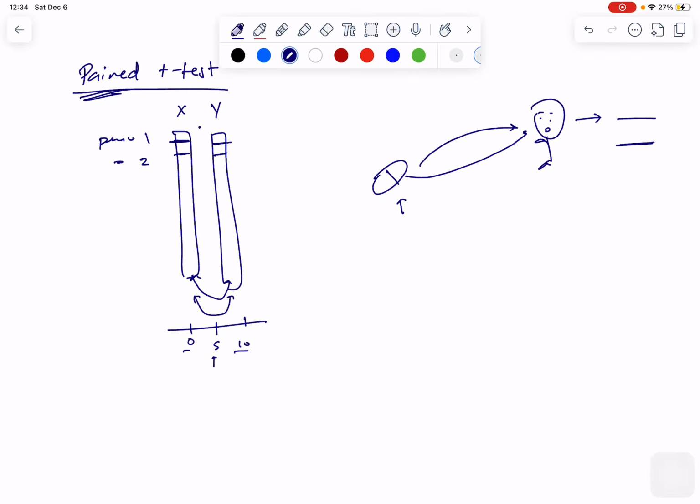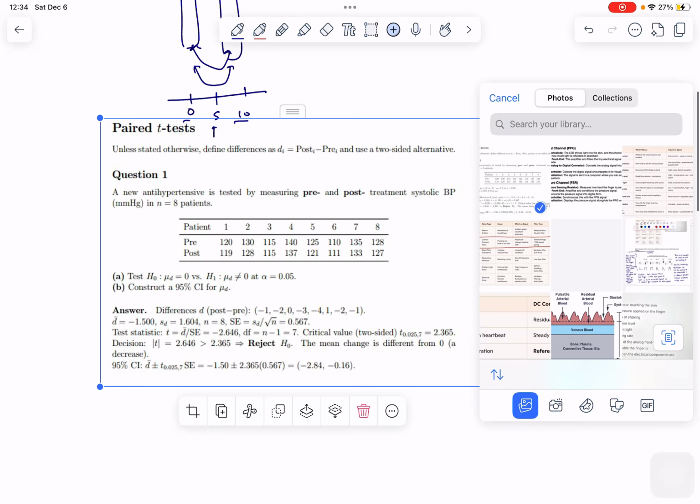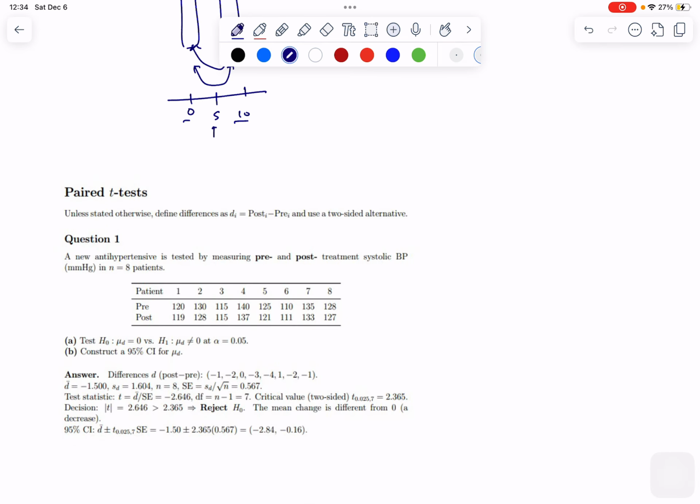Anyway, now let's look at the question. What did they tell you? The question says there's a new antihypertensive being tested by measuring pre and post treatment, so before the treatment and after the treatment, by measuring the systolic blood pressure, and the number of patients was 8.